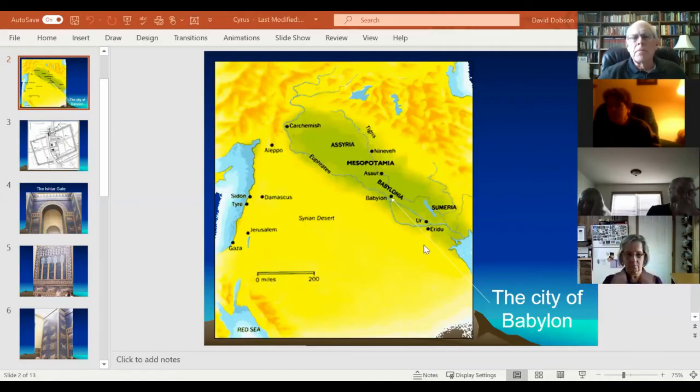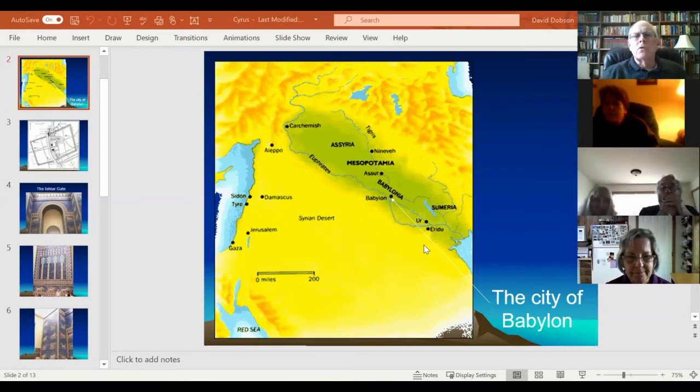We have this map of the Middle East. You have the city of Babylon there on the Euphrates, and also Nineveh up above it, but up on the Tigris River. And this is the center of where so much of what we're reading in the book of Daniel is taking place.